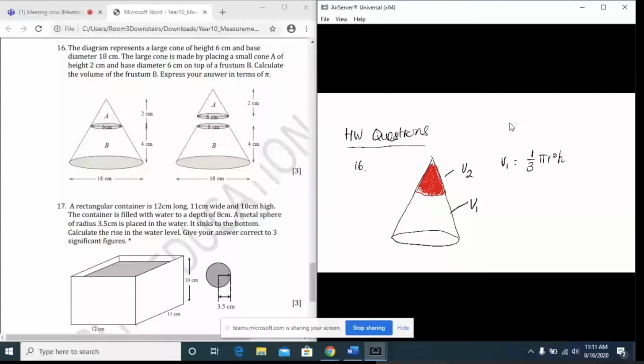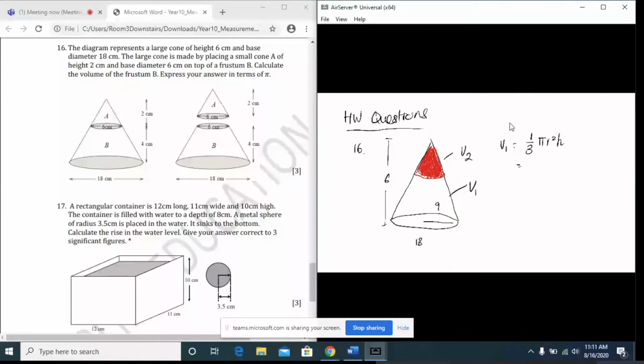Now, in having a look at volume number 1, I think we can see that the height is going to be 6 centimeters, whilst the radius is 9. It's because the whole diameter is given by 18, so the radius is going to equal 9. So it's going to be a third times pi times 9 squared times 6.